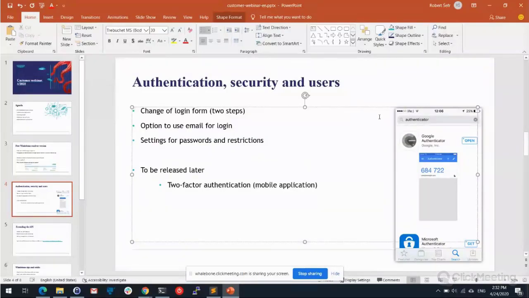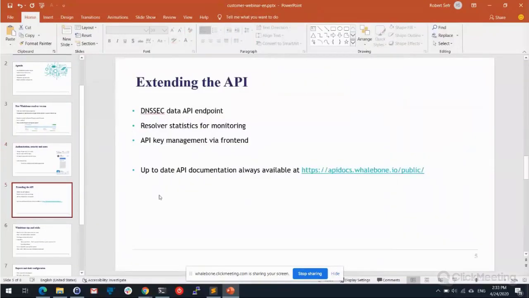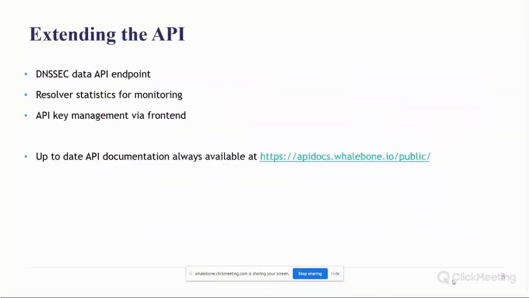For example, Google Authenticator and Microsoft Authenticator will be supported. So you will be able, using your smartphone, to generate one-time passwords to log into the Whalebone portal, securing your accounts and your network much more. All right, so this is authentication and security.